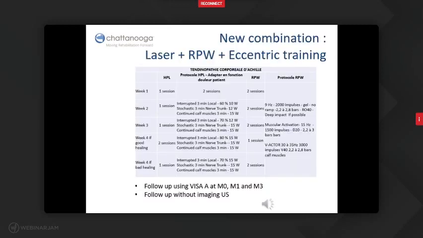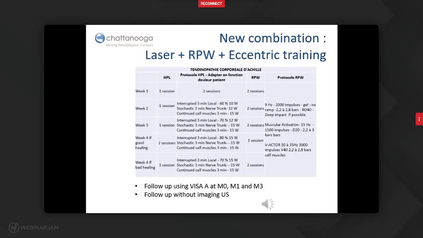So we have decided in France to start a multicenter preliminary study using both laser and shockwave and eccentric training. Here is the protocol. For the Achilles corporeal tendinopathy, we use in the week 1 session of laser and 2 sessions of shockwave.